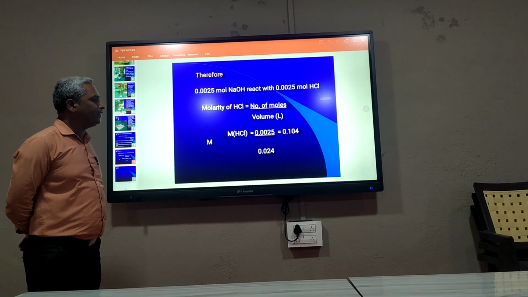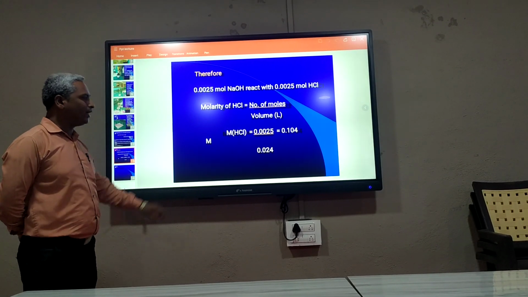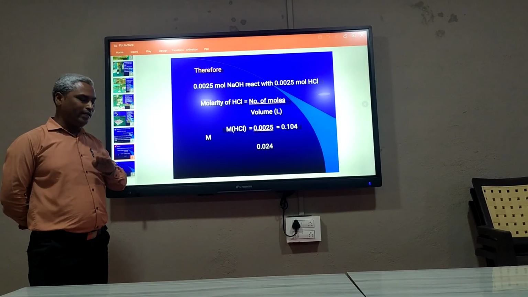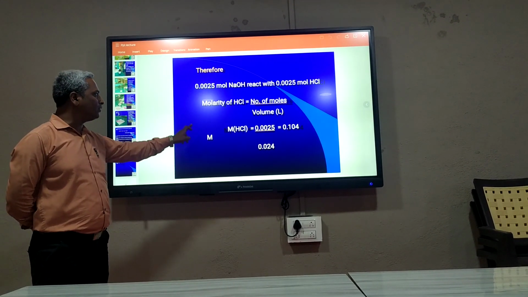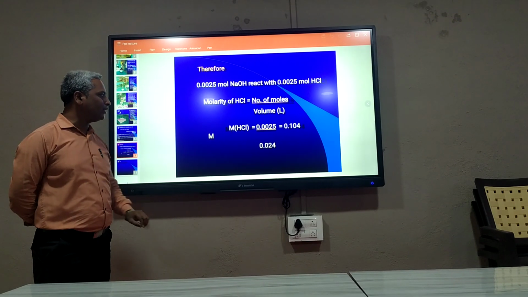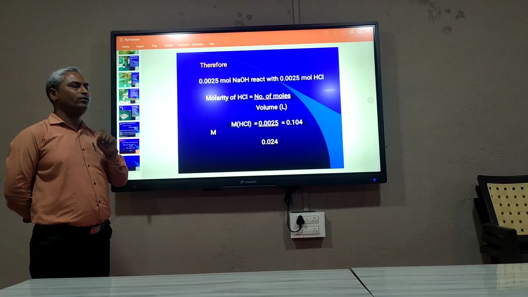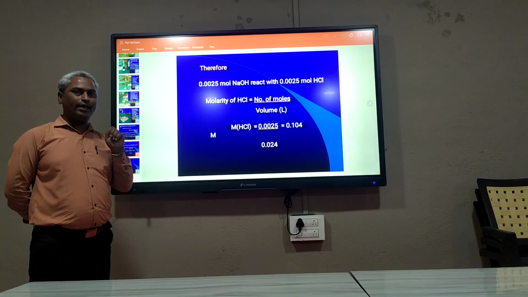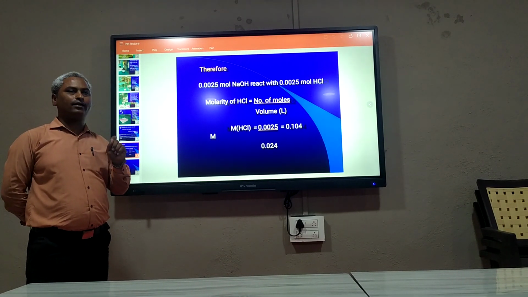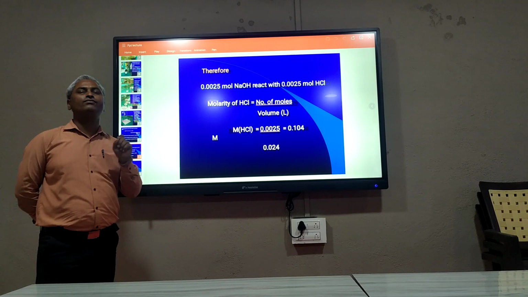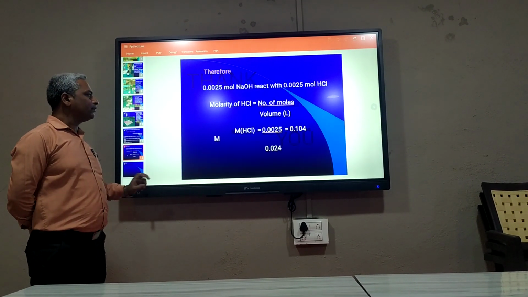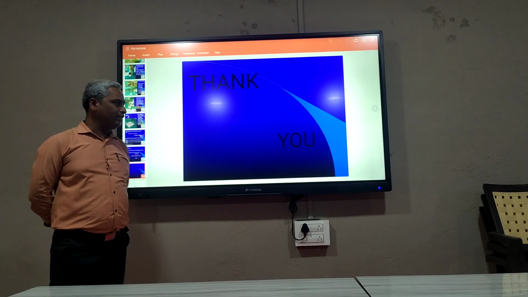This is the molarity calculation we use for a 1:1 reaction. By using this calculation we say that 24.8 ml of HCl can neutralize 25 ml of the NaOH. And lastly, thanks.